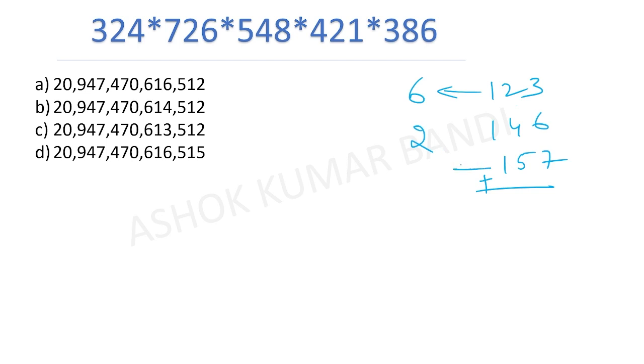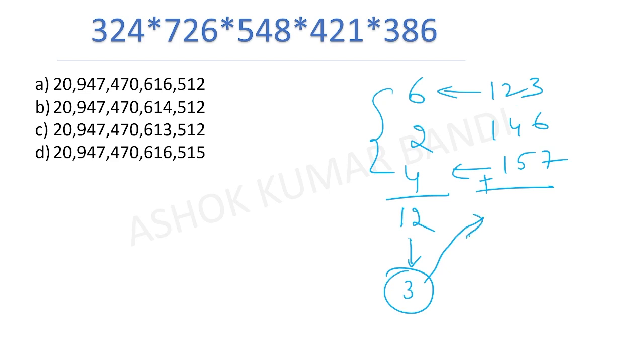Next, 1 plus 5 plus 7. 6 plus 7 is 13. 3 plus 1 is again 4. So your root digit sum is 12. 12 means again you should have 3. Now you just need to check for the options which have root digit 3. Let's find out. 9 plus 7, 16, 12, 4. Just find out the root digit of the original answer.